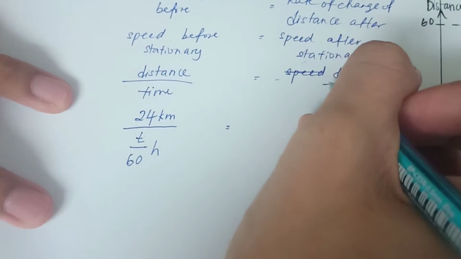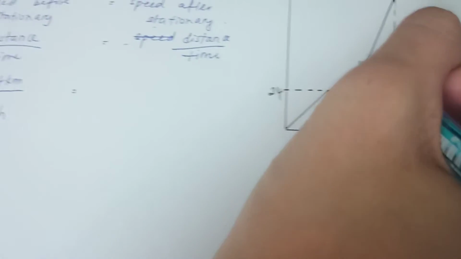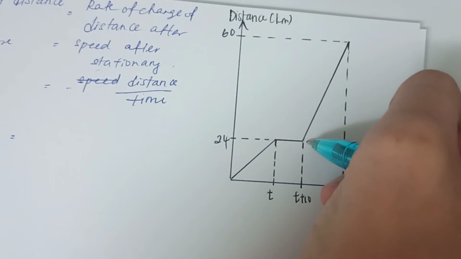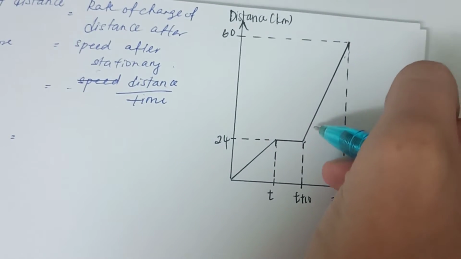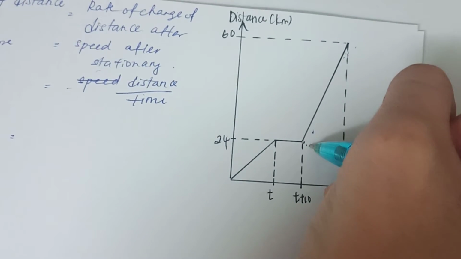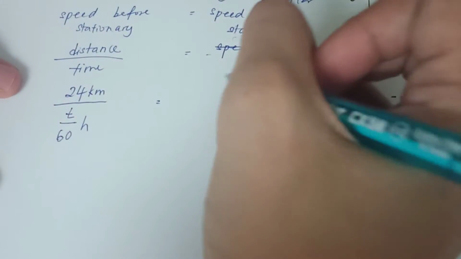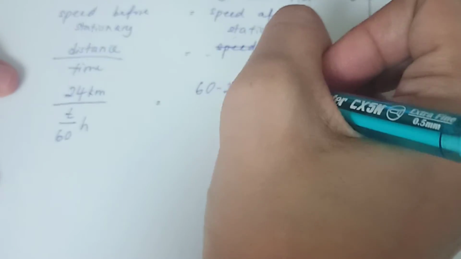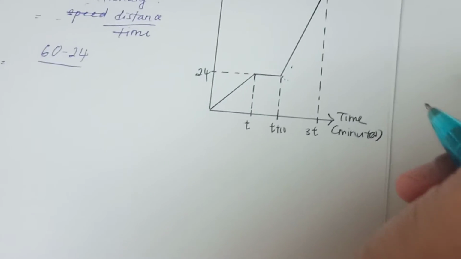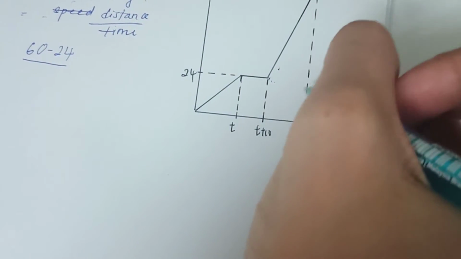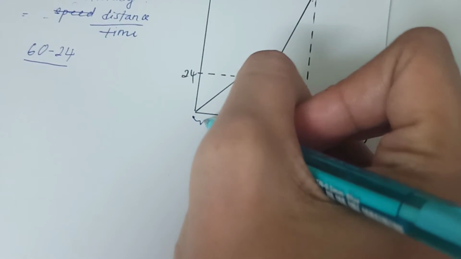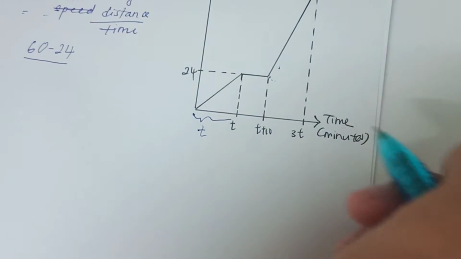And then the speed after the stationary period. What's the distance here? So 60 minus 24. Please press your calculator. What's the answer? And then the time. The time here is t.